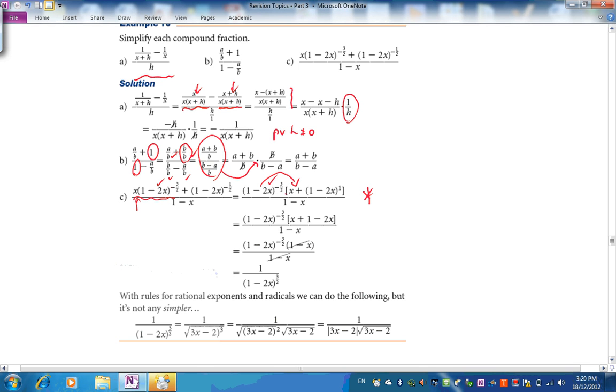What do you have to multiply (1 take 2x) to the neg 3 over 2 by to get (1 take 2x) to the neg a half? I don't know whether you could spot that, but it's the power of 1. Let's unpack that. (1 take 2x) to the neg 3 over 2 times (1 take 2x) to the 1. Addition of powers, remember that from last presentation. It comes to (1 take 2x). Add the powers, neg 3 over 2 plus 1 is neg a half.